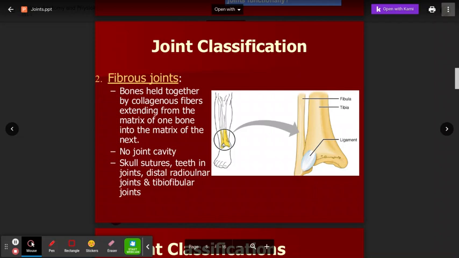Distal radial ulnar would be in this region. Tibial fibular down here. Tibia, fibula. So two bones in your lower leg coming together. That joint where they are meeting up with your foot is called a fibrous joint.